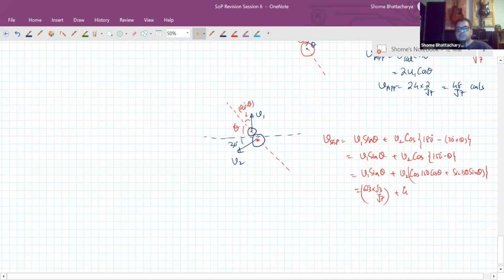Plus v2 is 4.8 root 3 into cos 150, which is minus root 3 by 2, into cos theta, which was 2 by root 7, plus sine 150, which is half, into root 3 by root 7.